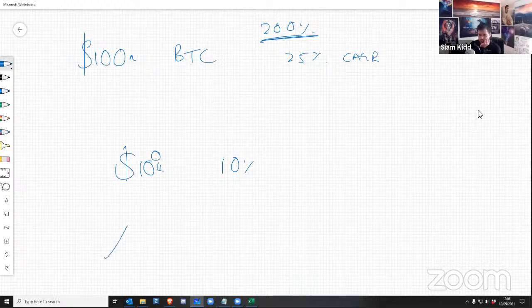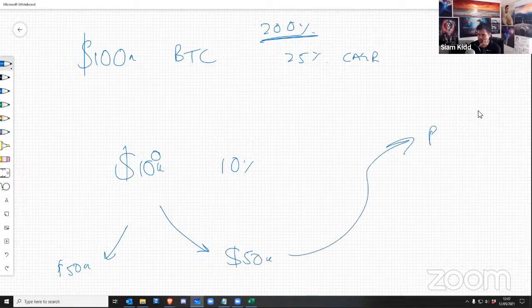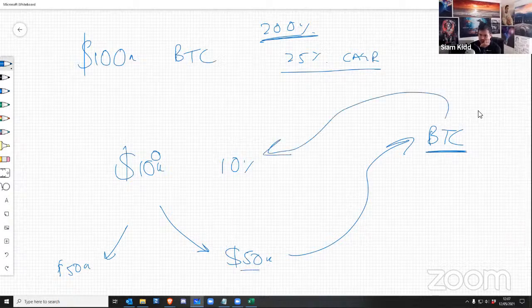Out of that 100K, you could blow 50 grand on stuff, and the other 50K you could just put back into Bitcoin. Then at 25% CAGR, the Bitcoin that you bought with this loan is going to end up paying back the debt. It's a self-liquidating loan. You take out a loan and the loan pays for itself over a period of time.